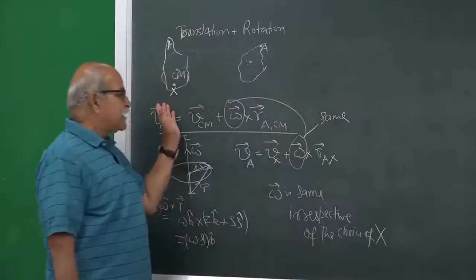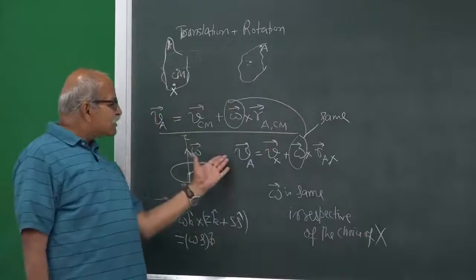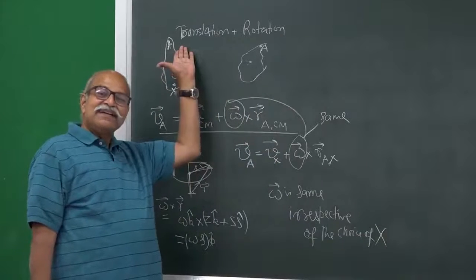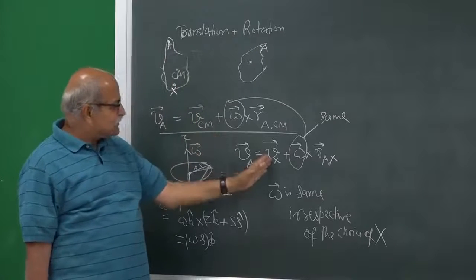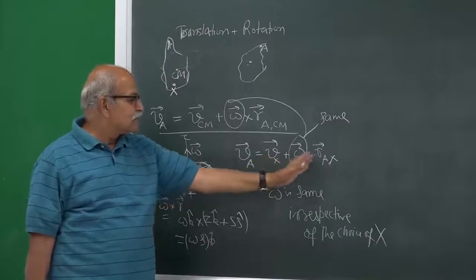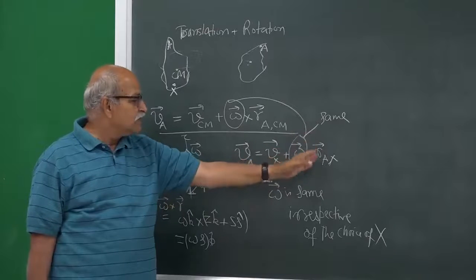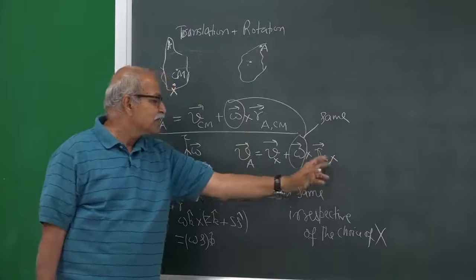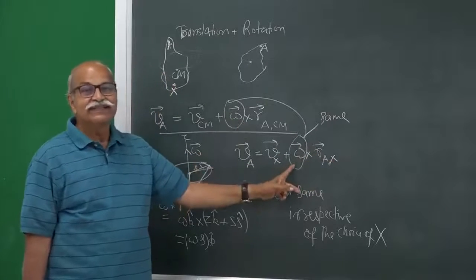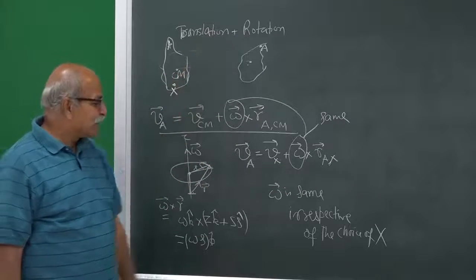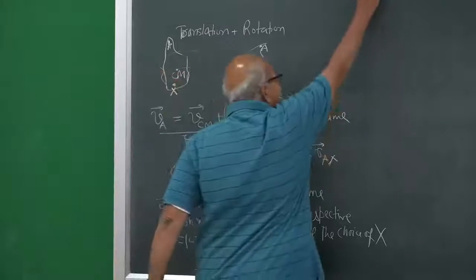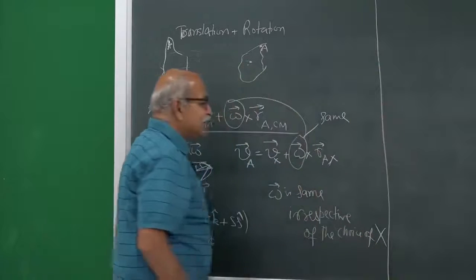You take any point and then write the velocity of any arbitrary particle of the rigid body as the velocity of that chosen point plus omega cross the position vector of the particle from that chosen point, and this omega remains the same. So, it is independent of the choice. It can be proved, but I am not going to do that, but this is a very interesting result.